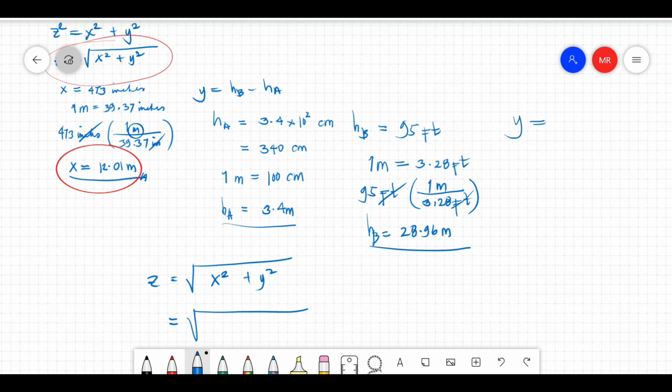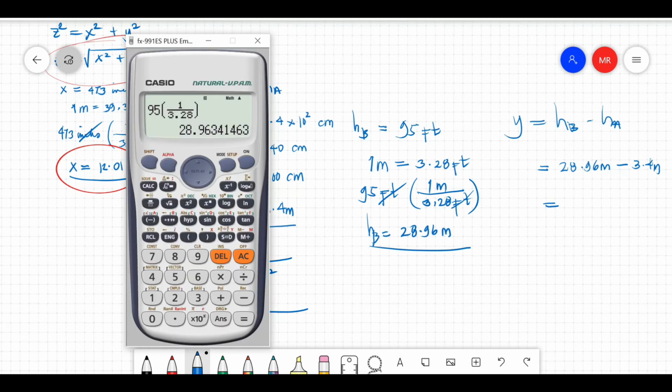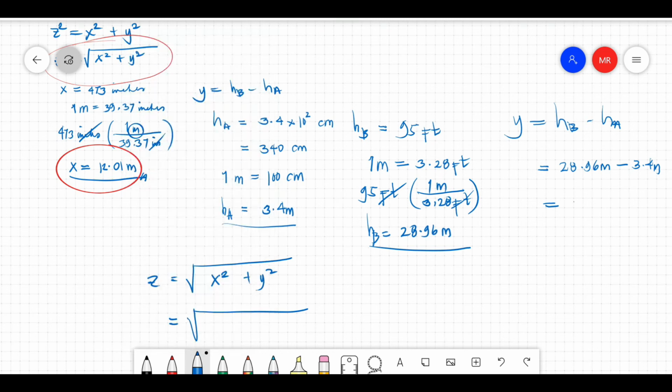Y is equal to HB minus HA, where HB is 28.96 meters minus 3.4 meters, which is equal to 25.56 meters. This is your Y.